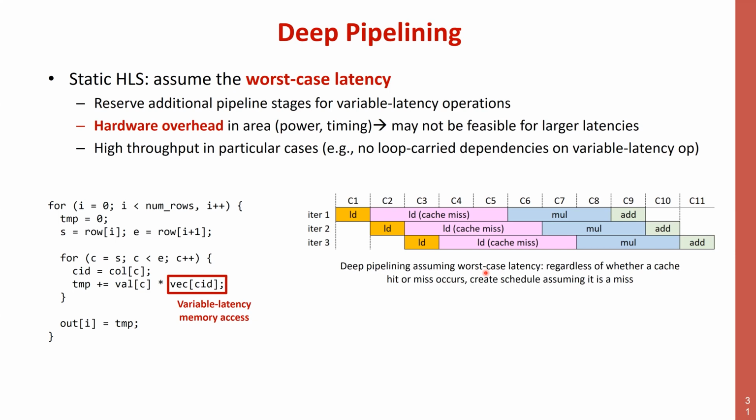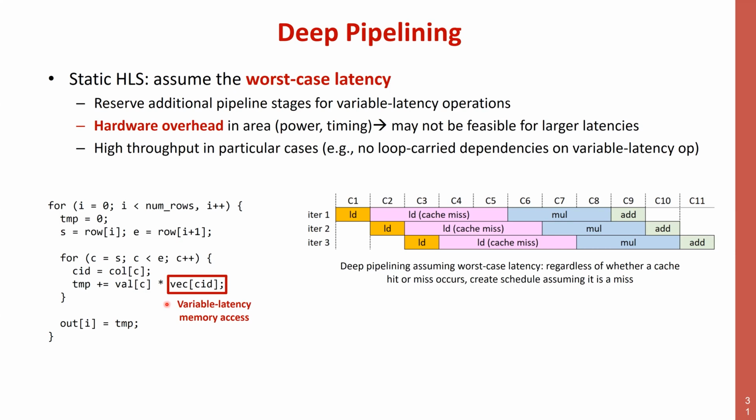So let's come back to us, right? We say that there is this problem of variable latency. So imagine, for instance, that this particular access comes from a cache, right? These are different data structures, so typically they might be placed in different memories or in different areas of memory. And this one has, imagine, a cache. So this one is variable latency.